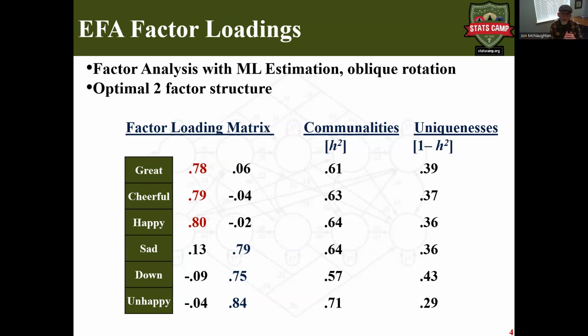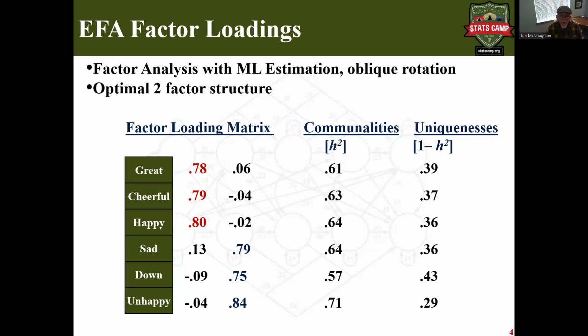This is also called simple structure. I get the cross loadings to be as small as they possibly can be. I get the primary loadings to be as large as they possibly can be. And that arc tangent of the line between positive and negative affect describes the correlation between these 2 factors. Right?